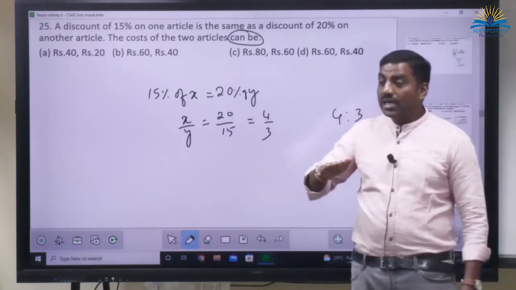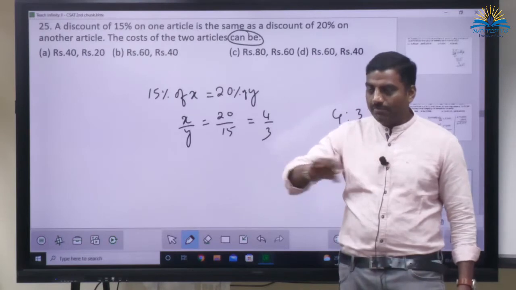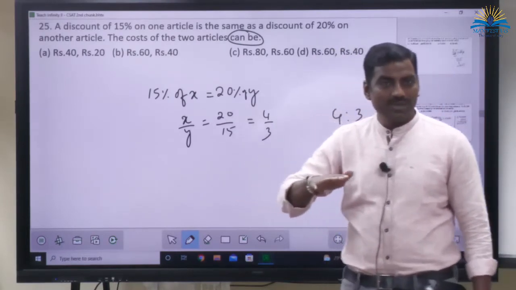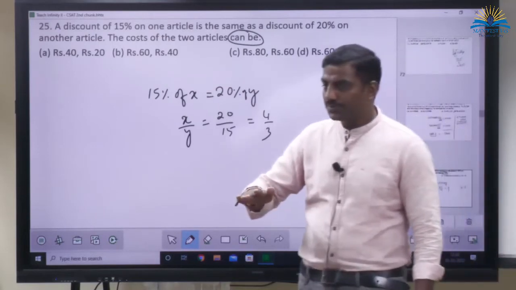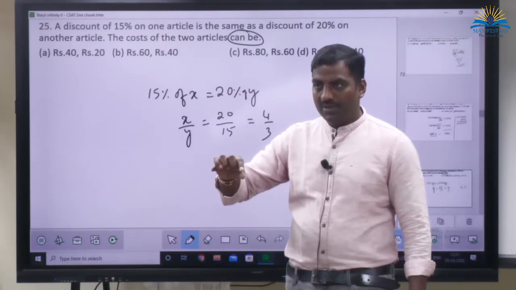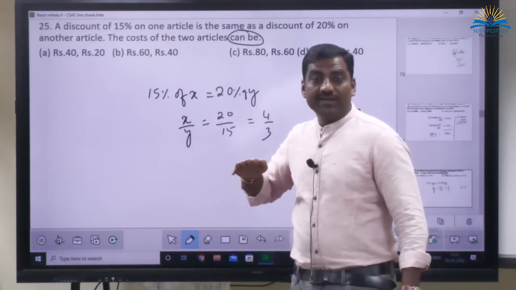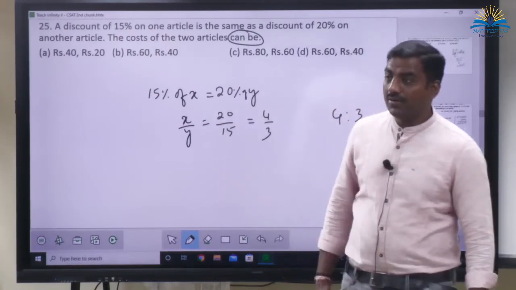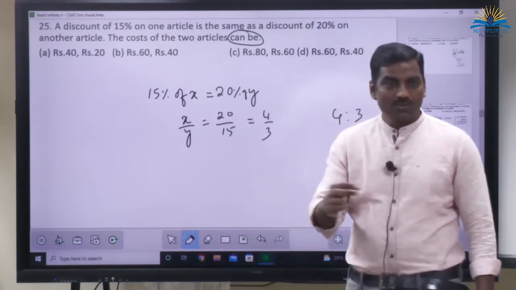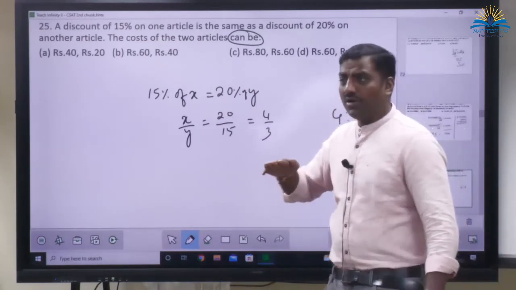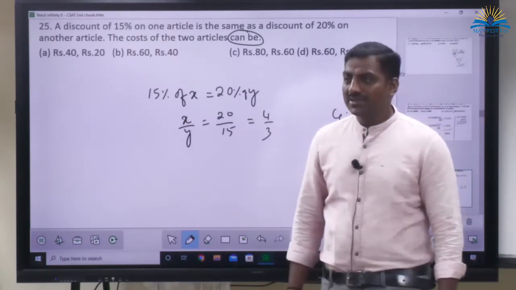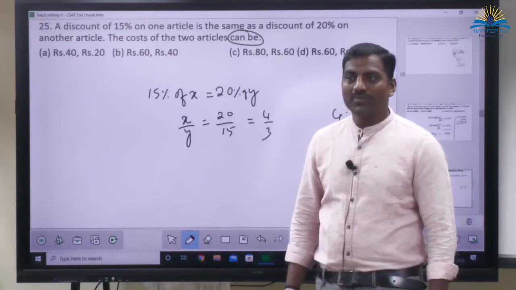For example, have you seen road speed breakers? When the speed breaker is small and your vehicle speed is very fast, do you feel the jerk? Usually not.